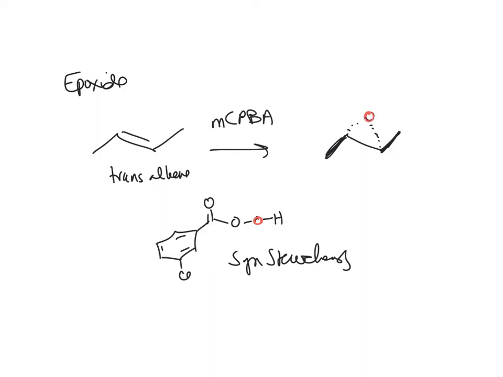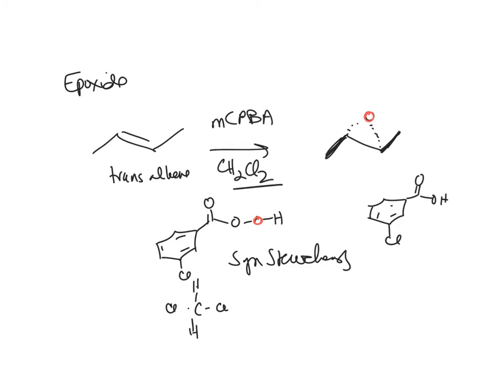And then this becomes the acid. Okay. So that's MCPBA. You usually use that in dichloromethane because you want a nonpolar inert solvent. And dichloromethane looks like this, which is nonpolar because it has symmetry and cancels out for the most part.